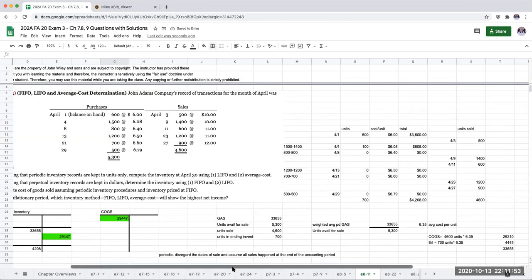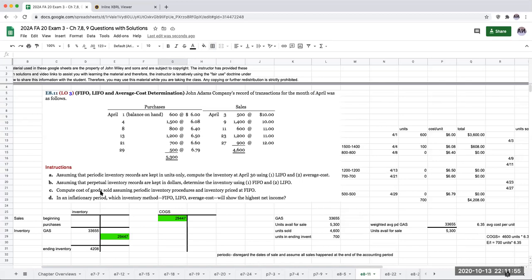Okay, so let's go to this next one here. So we've done, assuming that perpetual inventory records are kept in dollars, determining the amount using FIFO and LIFO. So right over here, FIFO is going to give you the same result.